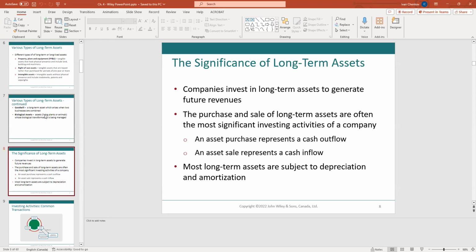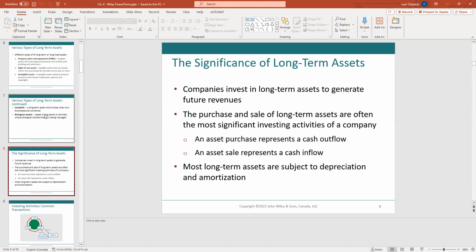We can purchase and sell the long-term assets, and those are the most significant investing activity in the company. So where is the cash going to come from? Cash comes in when we sell the asset, and outflow will be when we purchase the asset.